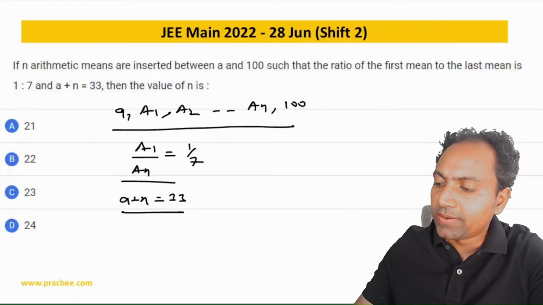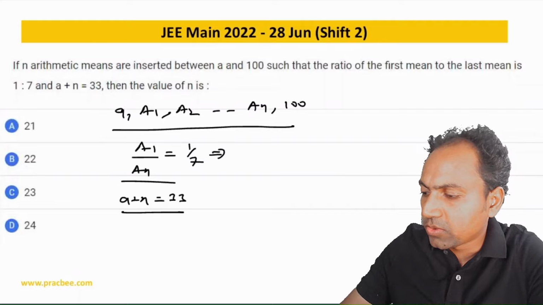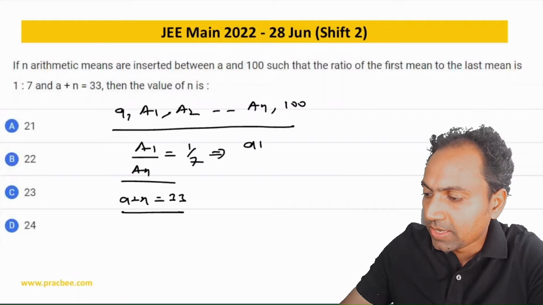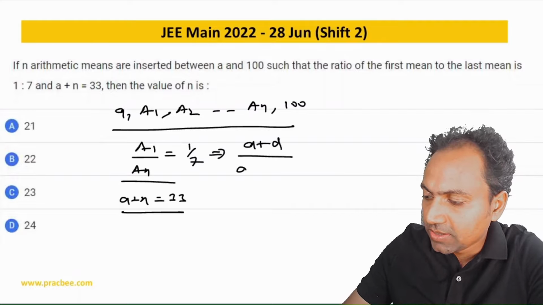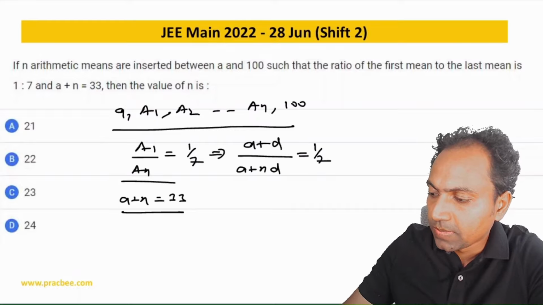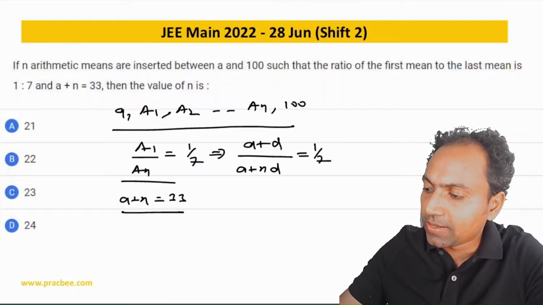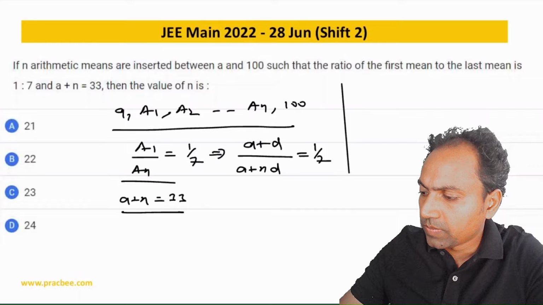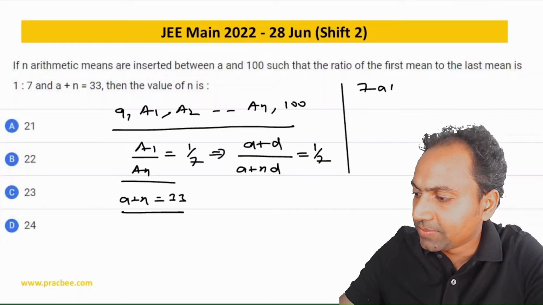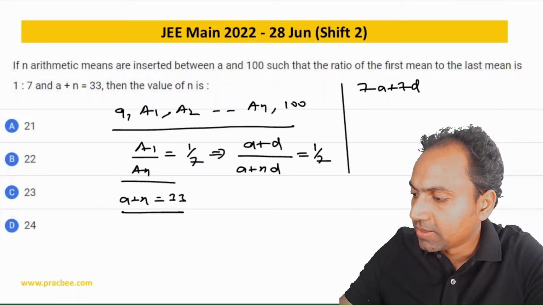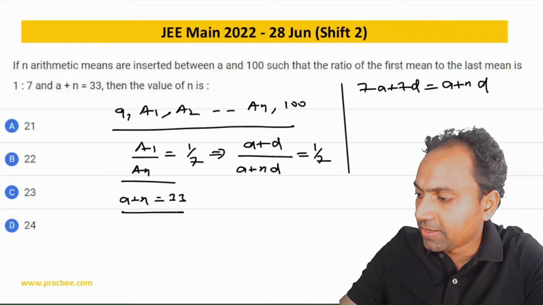If I move ahead with this information, this is very crucial. A1 can be written as A plus D, and AN can be written as A plus ND, as discussed earlier. If I simplify this, it will become 7 times A plus 7 times D is equal to A plus ND.